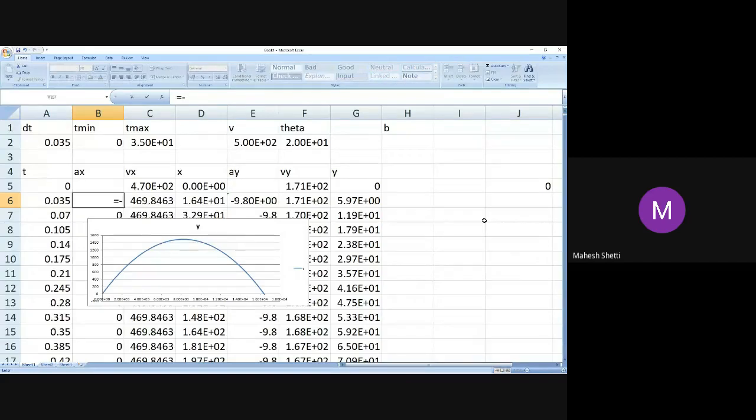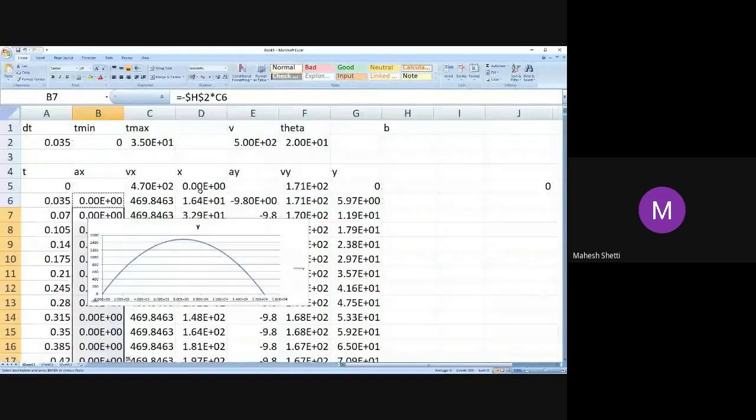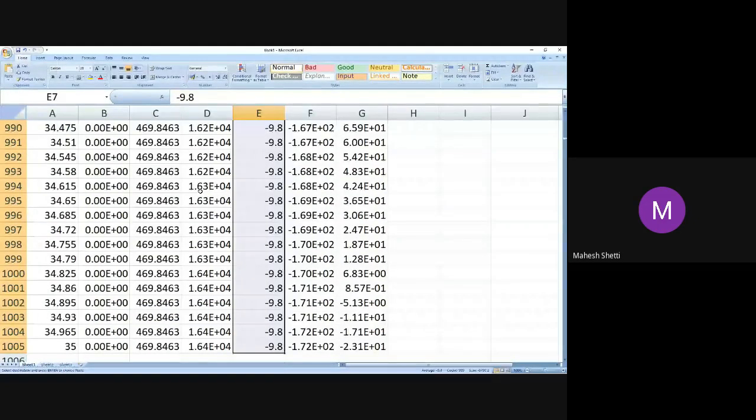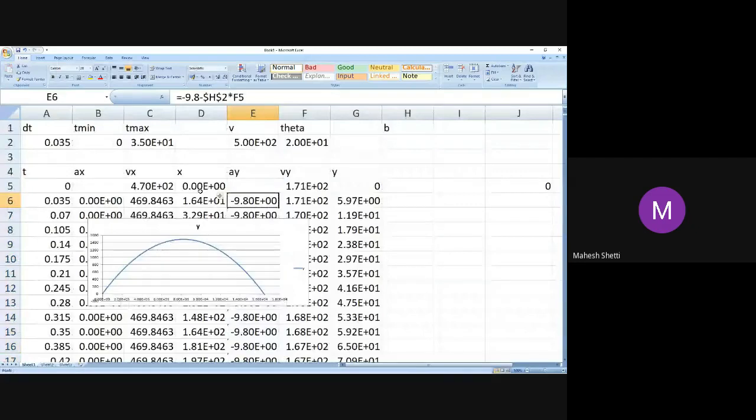It is going to be minus $h$2 multiplied by the Vx value in the earlier interval. And let me paste this formula everywhere for acceleration. Only acceleration is going to vary like this. Velocity is not going to change like this.